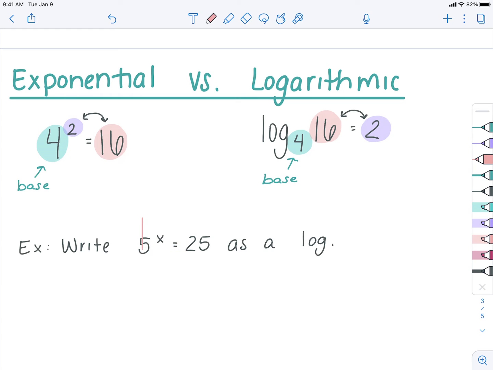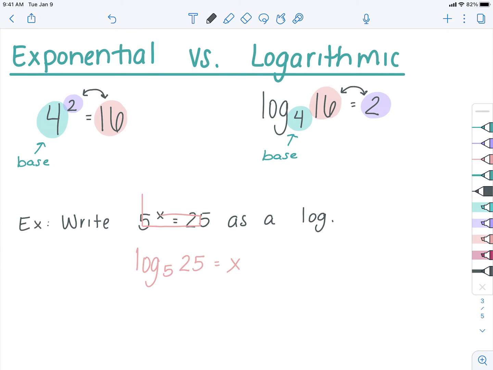Then I'm going to go over to 25 to make an L. Back to the x. It's almost like I'm making an imaginary bubble L in order to get the answer. So if I want to rewrite 5 to the x equals 25 as a log, I'm just going to write log base 5, because my base always stays the same. And then I switch: 25 equals x.